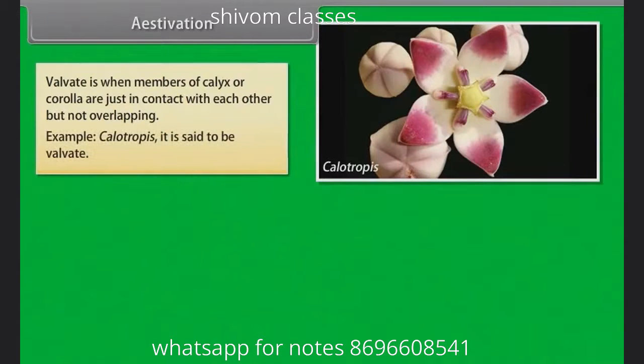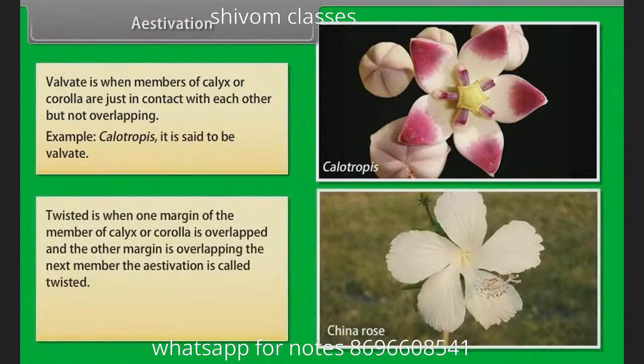Example, calotropis. It is said to be valvate. Twisted is when one margin of the member of calyx or corolla is overlapped and the other margin is overlapping the next member. The estivation is called twisted. Example, China rose, lady's finger, and cotton, etc.